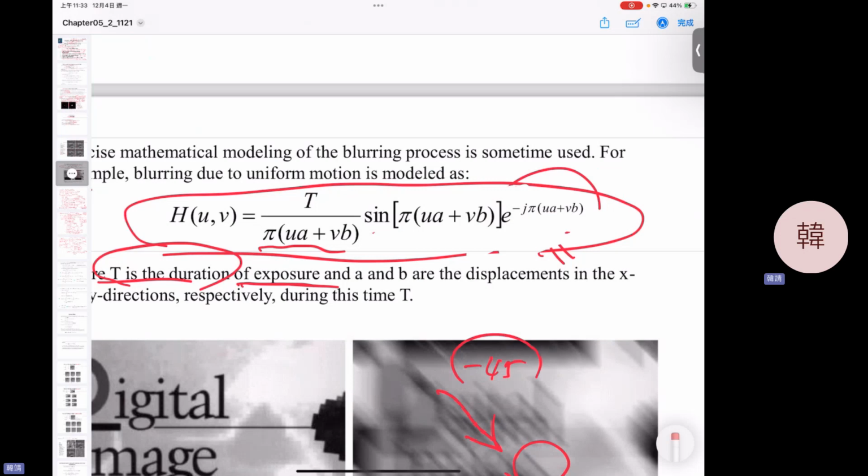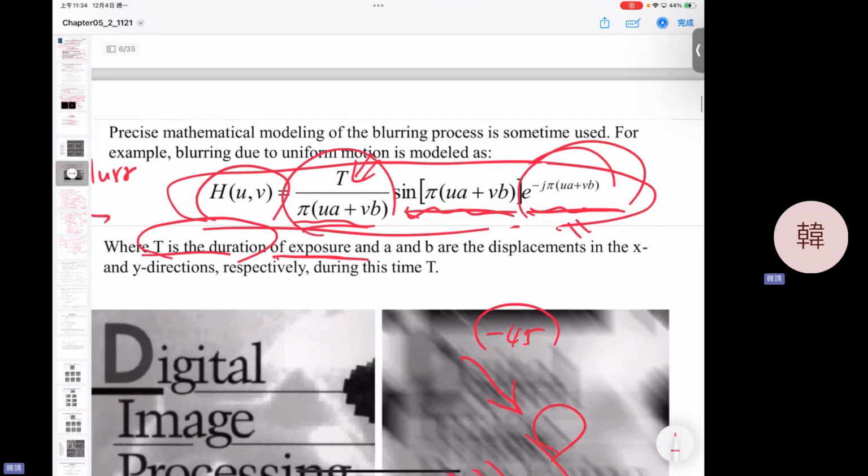So we have this term here, and we have this exponential term, and we also have this constant in front. It depends on the level of your degradation model. So T is the duration of the exposure time, and a and b are displacements, the distance moved in capital T seconds. So we got this H(u,v).